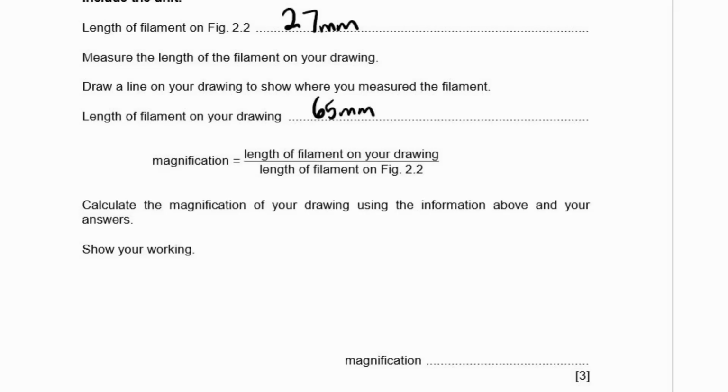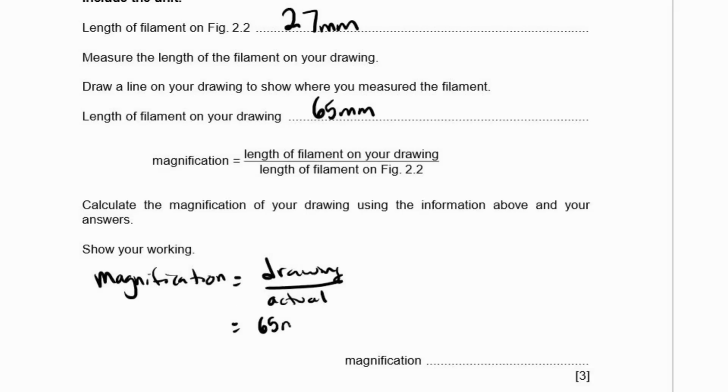Okay, so now the magnification, the formula for that is the length of the drawing divided by the length of the actual measurement. So calculate the magnification of your drawing using the information above and your answers. So magnification equals drawing divided by actual. Okay, so that is 65 millimeters divided by 27 millimeters, and that equals 2.4.